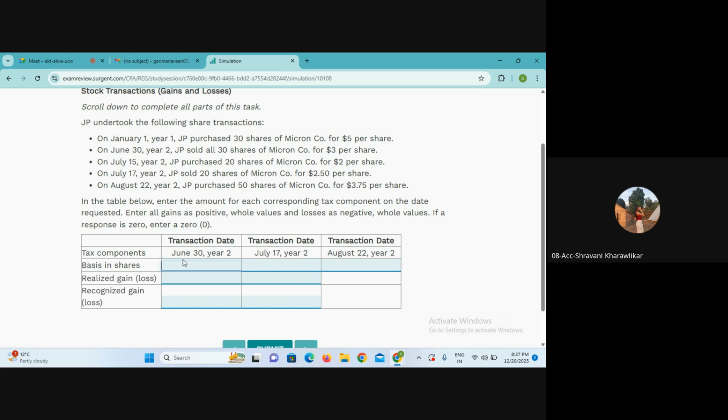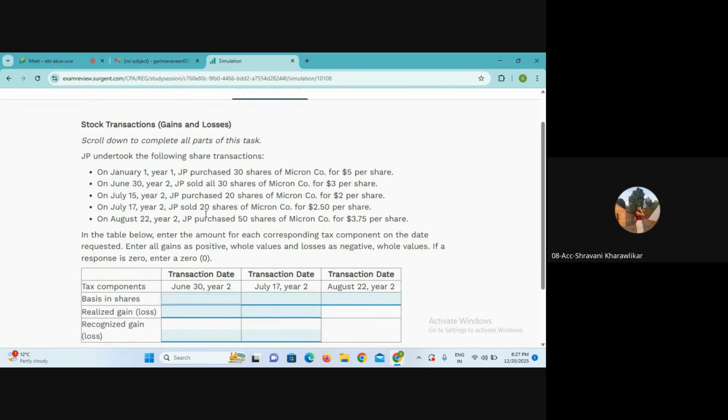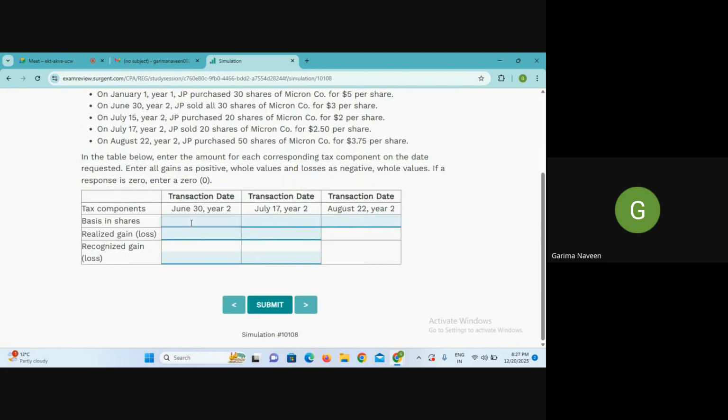Is there any amount given before, or only this much? Only this, no exhibits are given. So for the basis of the shares, we will take 30 into 5, ma'am. Okay, so 30 into 5, 150.